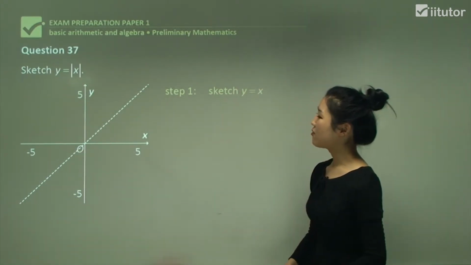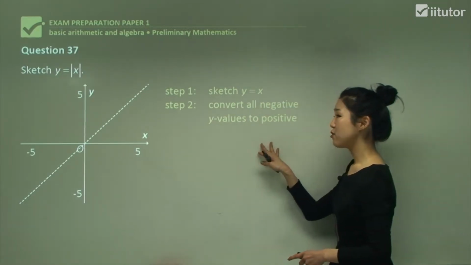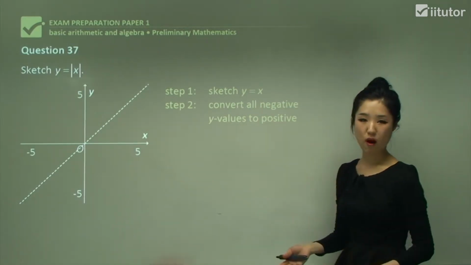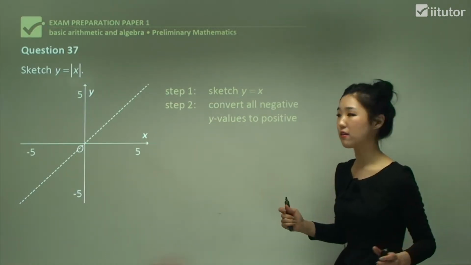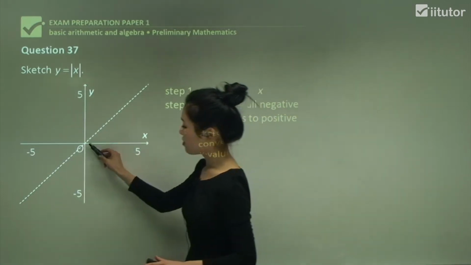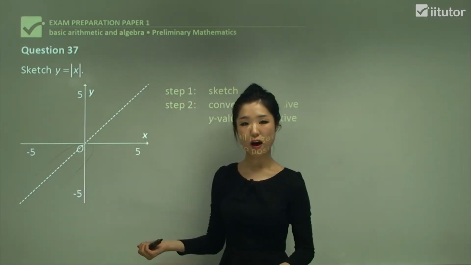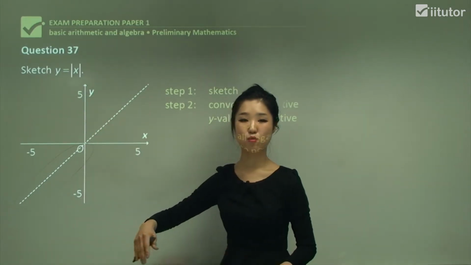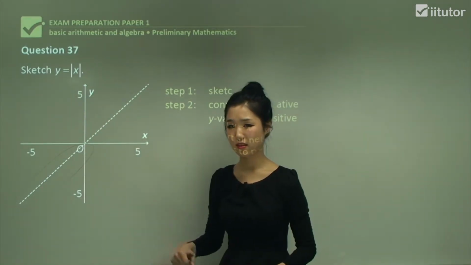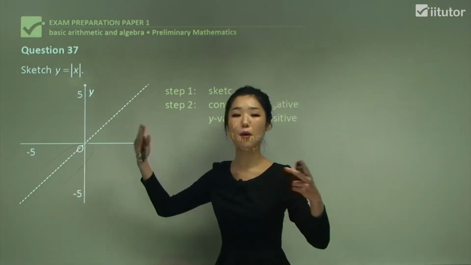Now, we have to sketch y equals absolute value of x, and to do that, we must convert all negative y values to the positive side, because absolute value means it's all positive. But see how this part of the graph here is the negative part, which is below the x-axis, which indicates y is less than 0, but we don't want anything less than 0 because we want everything to become positive.